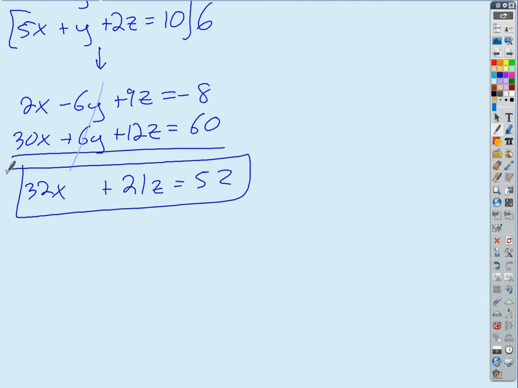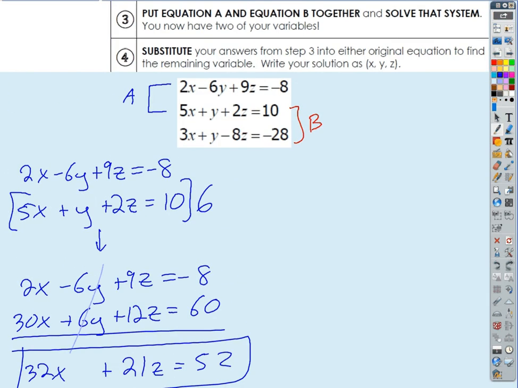Now, what are the variables in that one? X and Z. So now we gotta go back over to system B, and we're gonna write down system B. That's 5x plus y plus 2z equals 10, and 3x plus y minus 8z equals negative 28. What do I have to do there to get the y's to cancel?